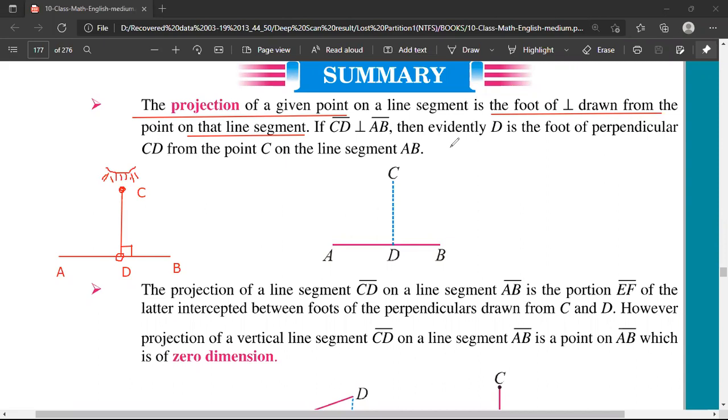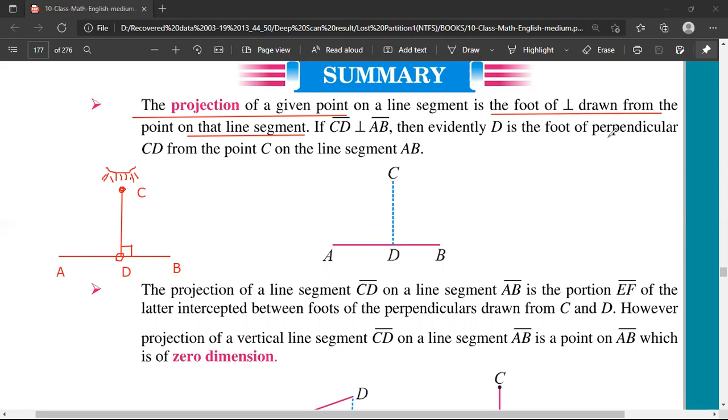What will be the point where the projection of point C will be formed on the line AB? On line AB, the point D will be the projection of point C. And this point D is explained with the help of the diagram and the figure: if CD is perpendicular to AB, then D is the foot of the perpendicular. So point D is the projection of the point C.